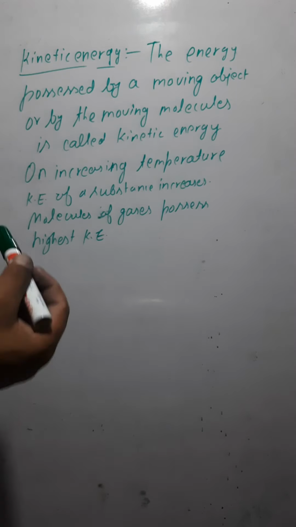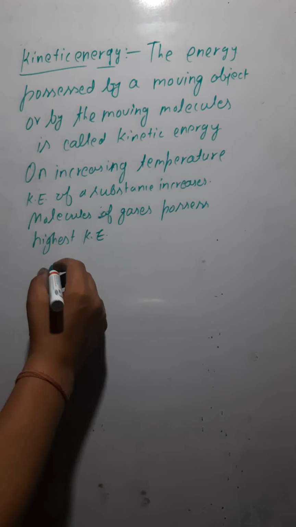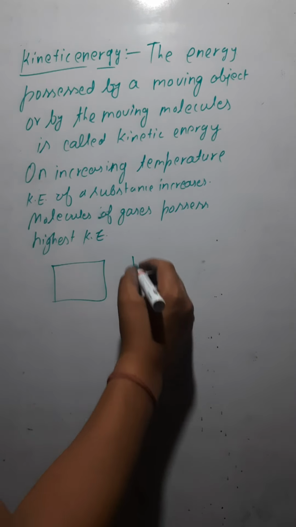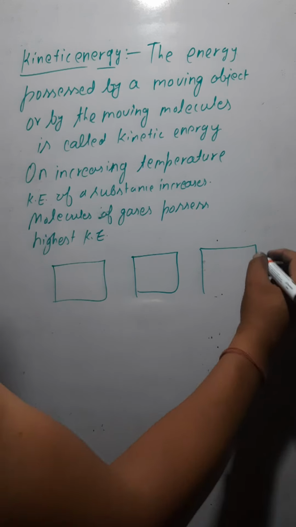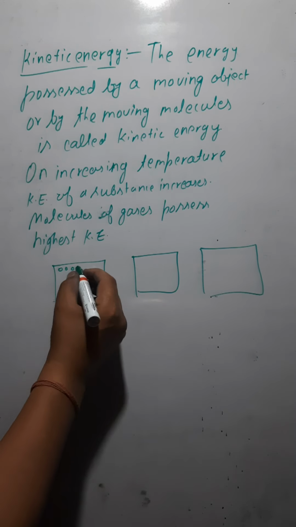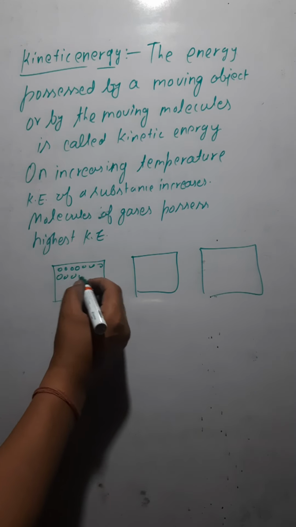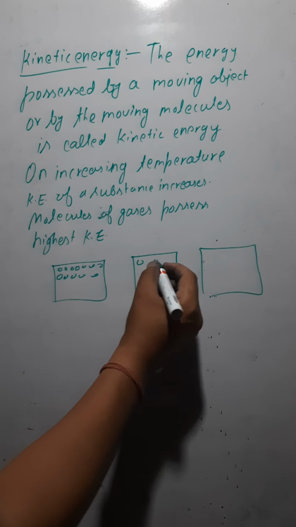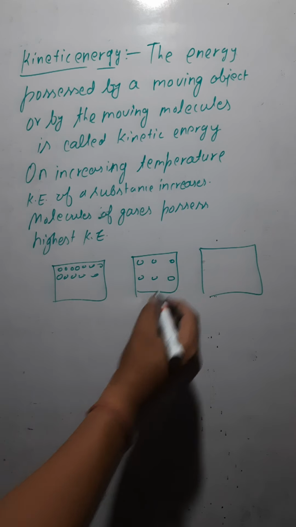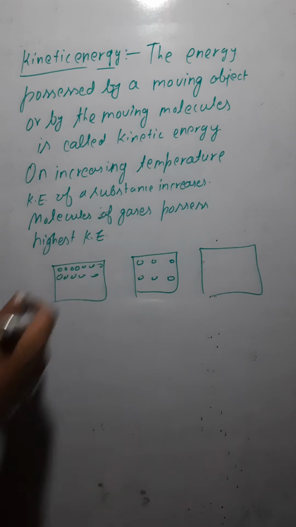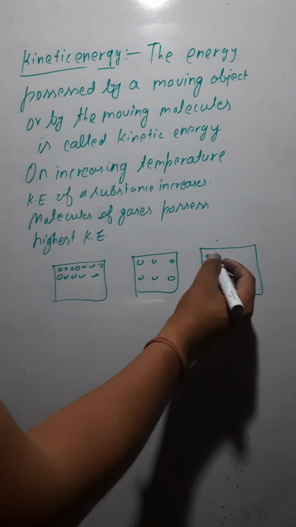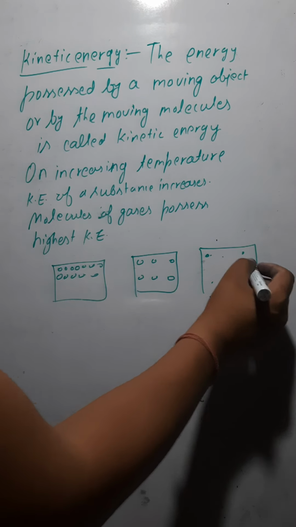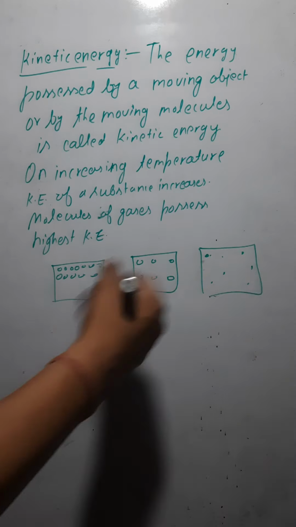Okay. And if you see, this is the solid, this is the liquid and this is the gas. In the case of solids, the particles are very close to each other. In the case of liquid, the particles are more apart from each other. But in the case of gases, the particles are very far, continuously moving here and there.